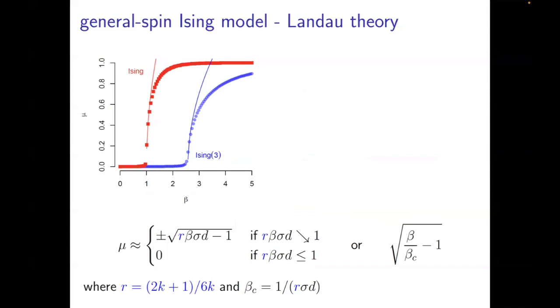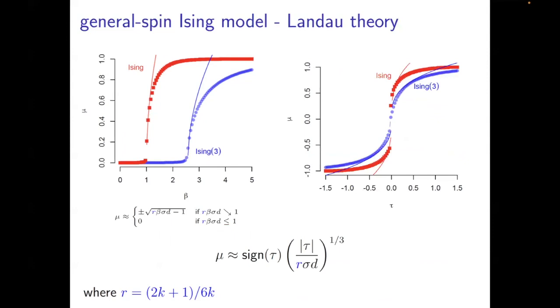And we have this factor K, and you see here the original Ising, and you see that it's shifted here, and that's predicted very well by this value R. R was the number of categories, or the number of values that the variables can take, divided by 6K. These points are the actual mean field, and this continuous line is derived from the lambda theory.